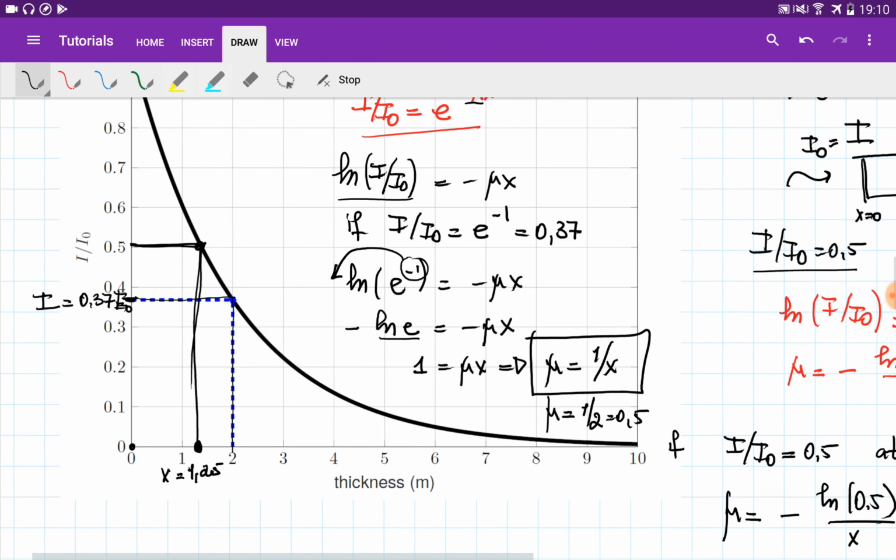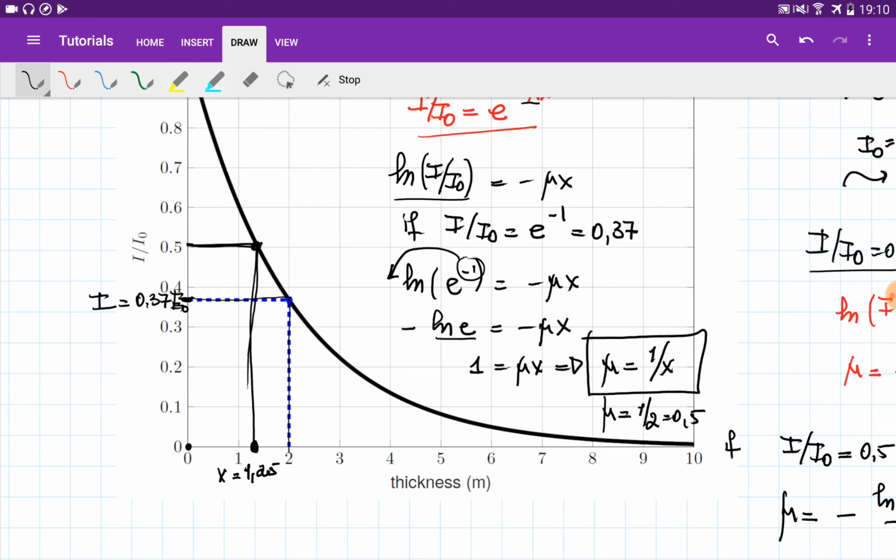So now it appears we can find the attenuation coefficient in two different ways: either I find the x when the current intensity is half of the initial one, or I find the x when the current intensity is 37% of the initial one.